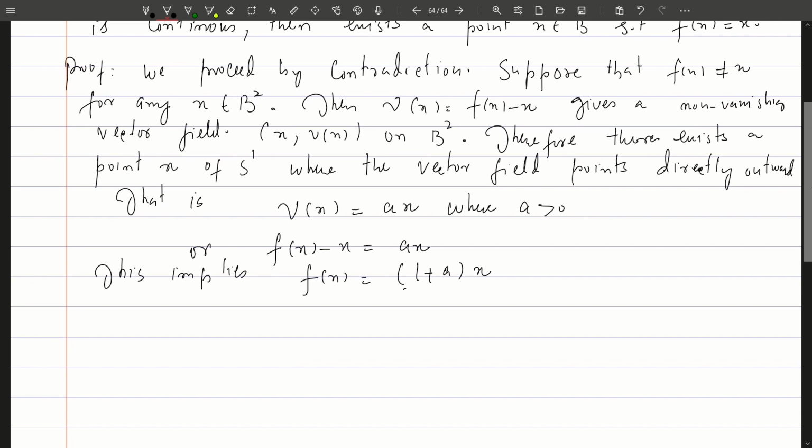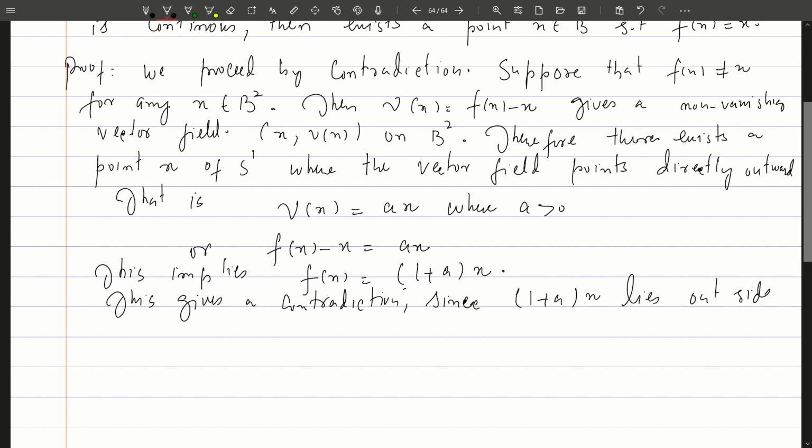So this gives a contradiction, since (1 plus a) times x lies outside the unit ball, outside the unit disk B2.